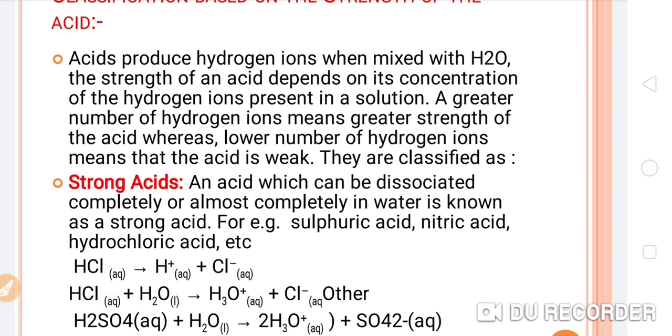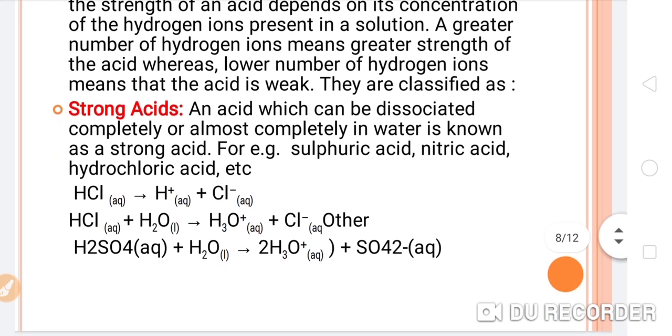A greater number of hydrogen ions means the strength of the acid increases, whereas a lower number of hydrogen ions means that the acid is weak. They are classified as strong acid and weak acid. Let's discuss first strong acid. An acid which can be dissociated completely or almost completely in water is known as strong acid.